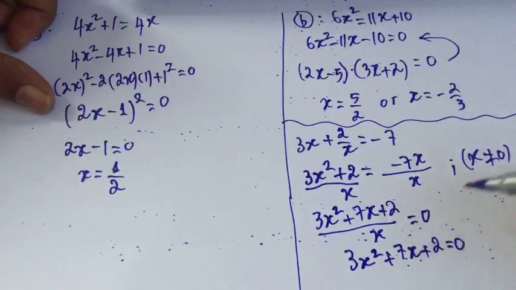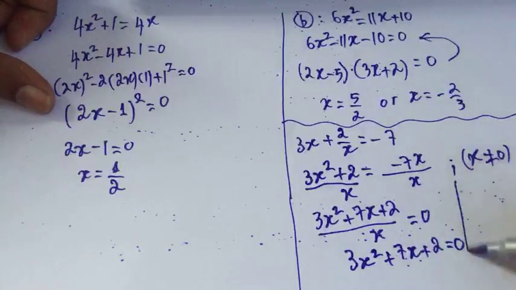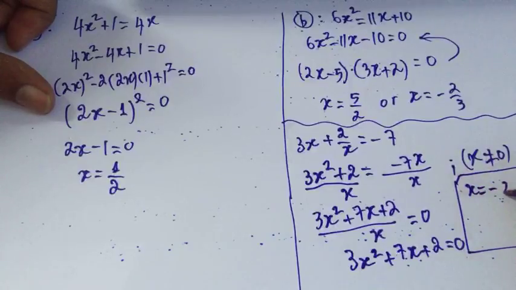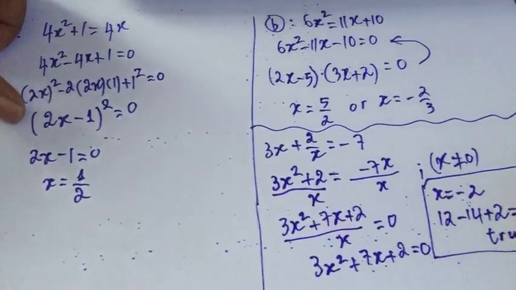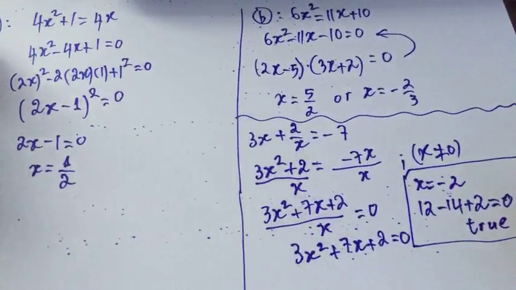If x equals minus 2, when you put x equals minus 2, it is 12 minus 14 plus 2 equals 0. Yes, it is 0, true.